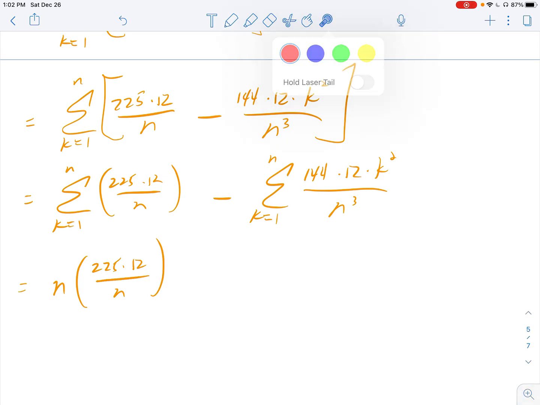If there's no k, we're just adding the same thing to itself over and over and over again. Now over here, I'm going to do a little trick where I'm going to notice that 144, 12, and n cubed don't have a k in them. I can pull those outside. That won't affect my answer.